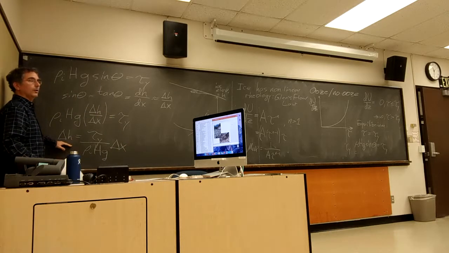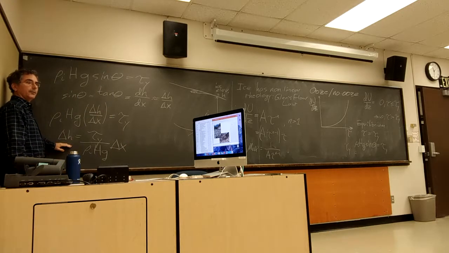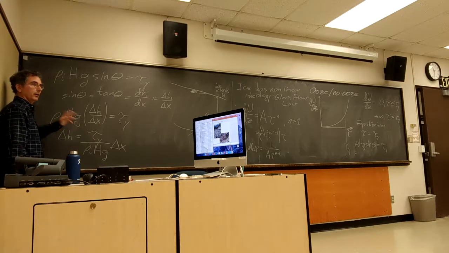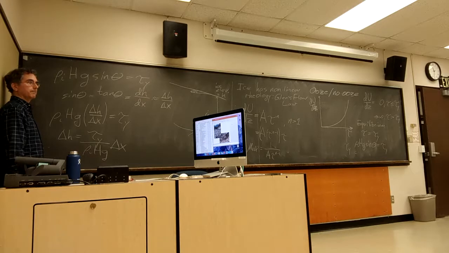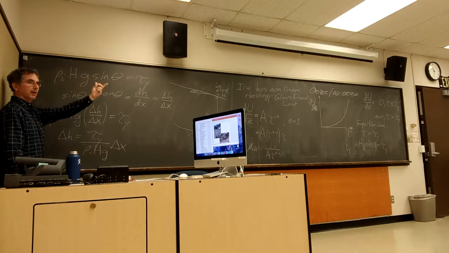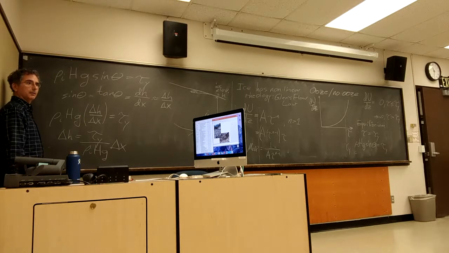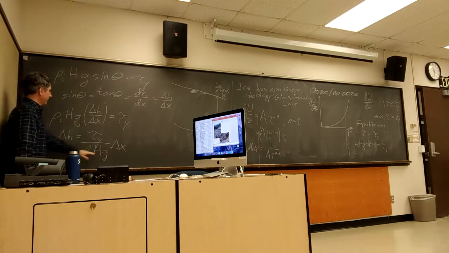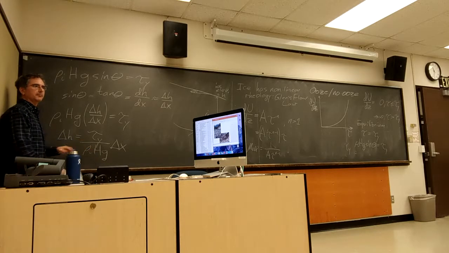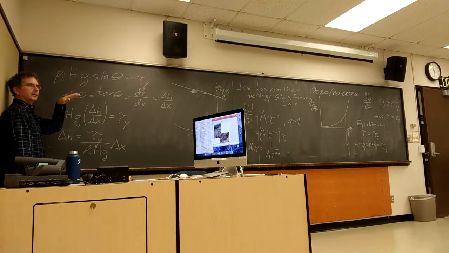So if I know the ice surface elevation at some point, and I know the yield strength, and I want to know the ice elevation some distance up ice from me, well, okay, I plug that distance in here. I plug in the ice thickness implied by the ice elevation where I know it.